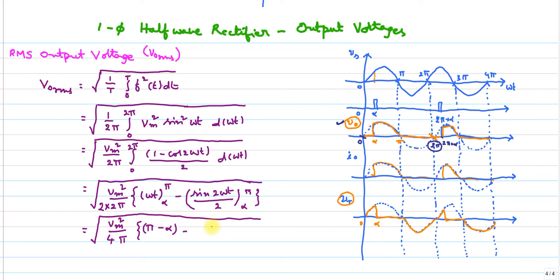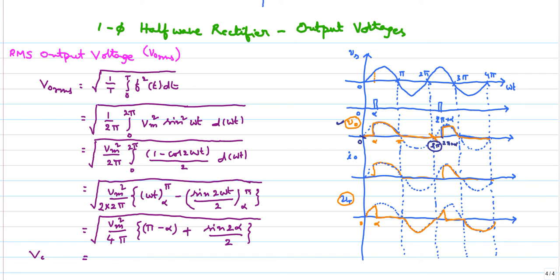So the first one is 0 and the second one is sine 2 alpha by 2. This is minus, while applying the limits, upper limit minus lower limit, so with that minus, minus plus minus will become plus. It should be sine 2 alpha by 2. That's all. So generally it will be written like this.